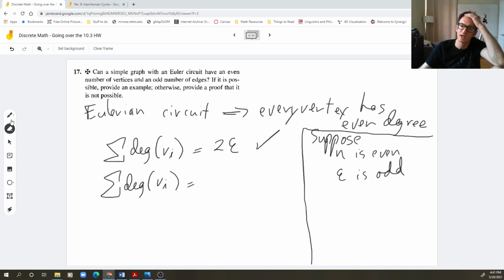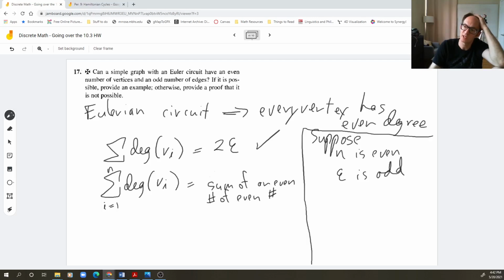But without getting too bogged down in notation, what am I summing over? I'm summing through all of the vertices. There are n of them. But this is a sum of an even number of even numbers. And if you add up an even number of even numbers, then that is a multiple of 4.